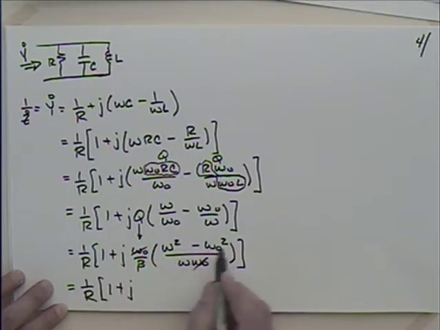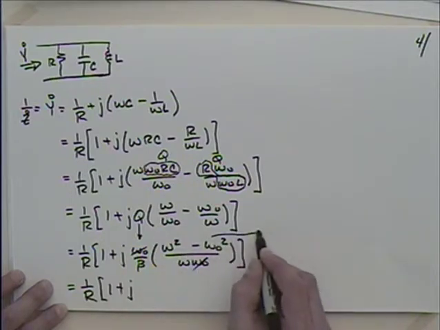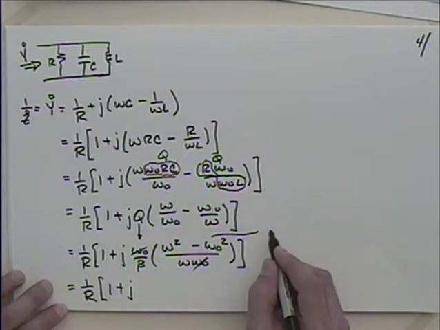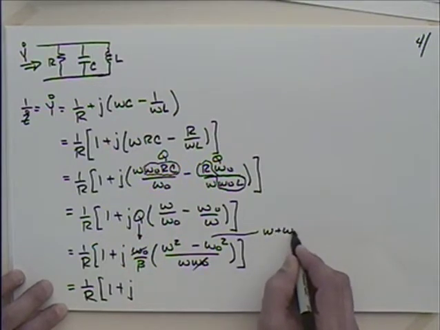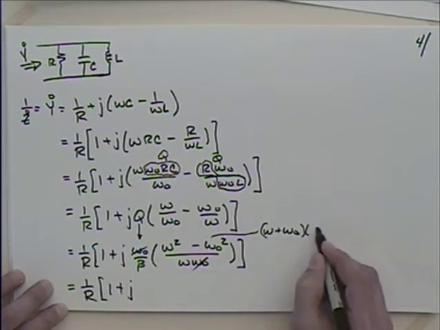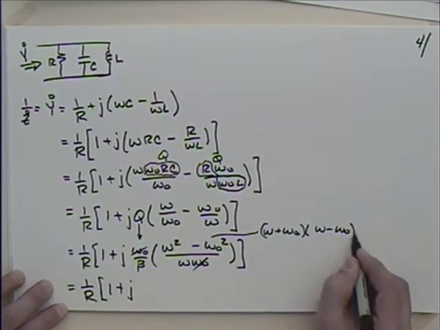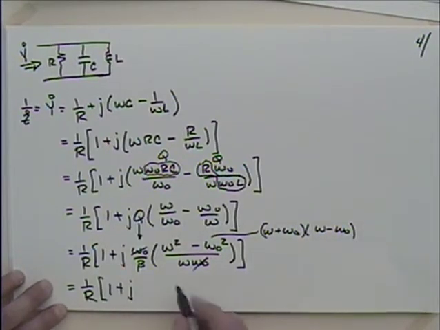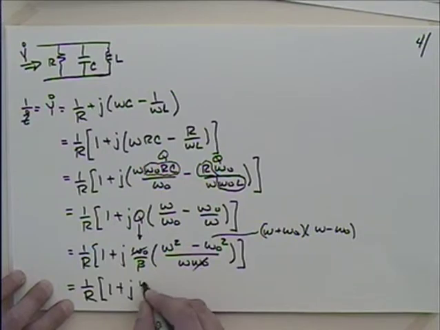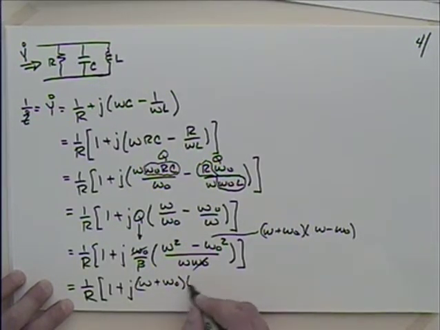And then the difference of 2 squares, that's one we always learn in algebra to look for. That would be omega plus omega naught times omega minus omega naught. I think if you multiply that out, you'll get that. So I'm going to write that as omega plus omega naught times omega minus omega naught.